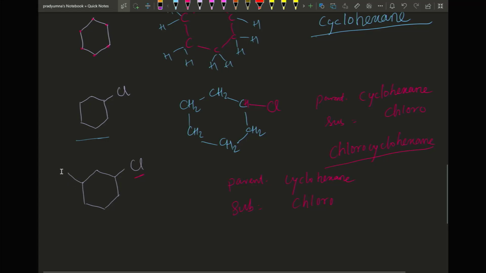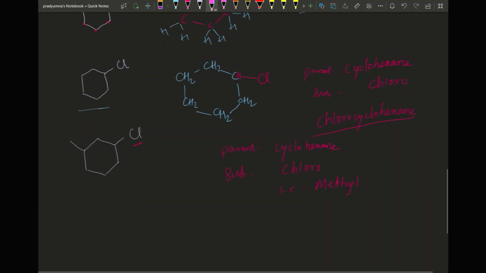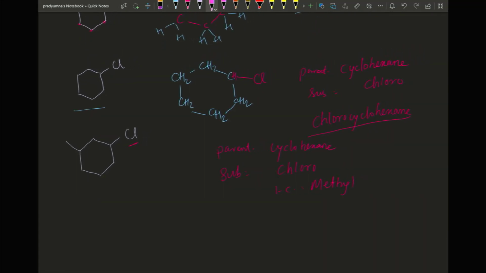So 1 carbon atom, what is it? 1 carbon atom is methyl. Okay, so what should be the name? Who should come first? Chloro is alphabetically first, so it's gonna be chloro. The next one is methyl, and then cyclohexane.